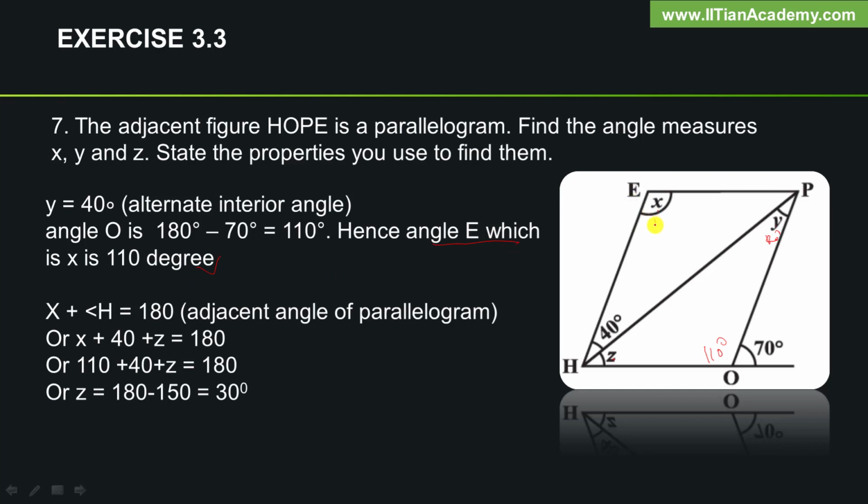Now, x plus H equals 180, as they are adjacent angles of a parallelogram, or x plus 40 plus z equals 180, or 110 plus 40 plus z equals 180, or z equals 180 minus 150 equals 30 degrees.